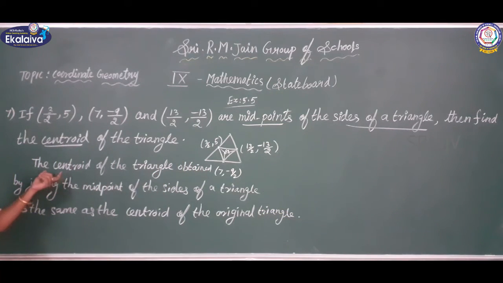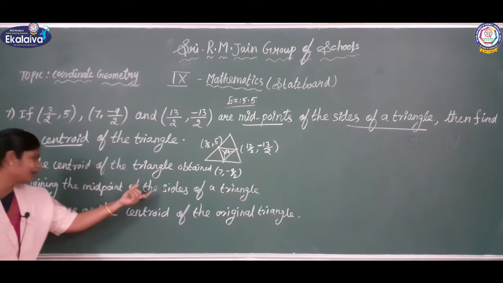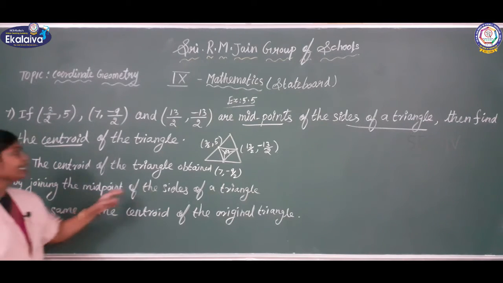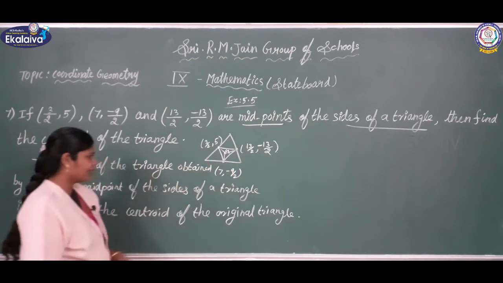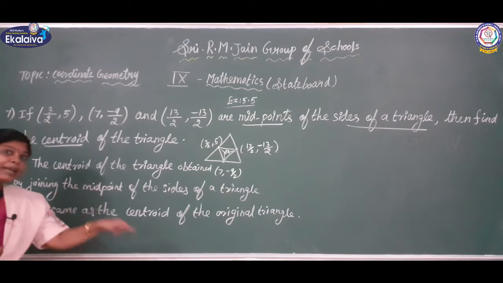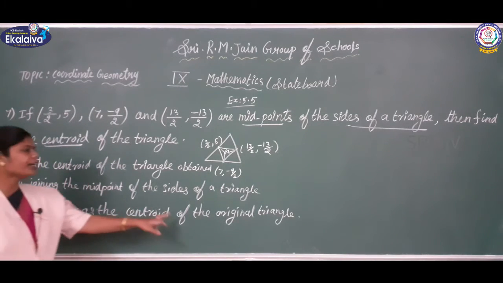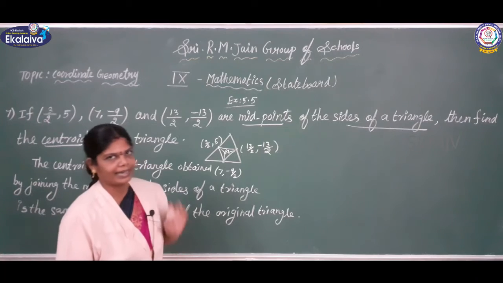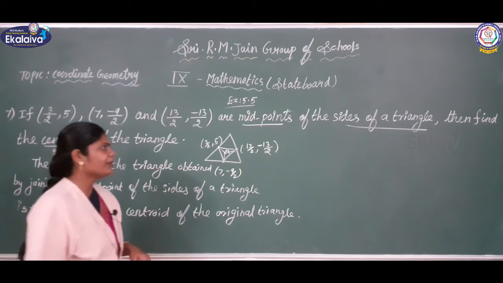So what they are saying: the centroid of the triangle obtained by joining the midpoints of the sides of a triangle is same as the centroid of the original triangle. So as usual you can find it.